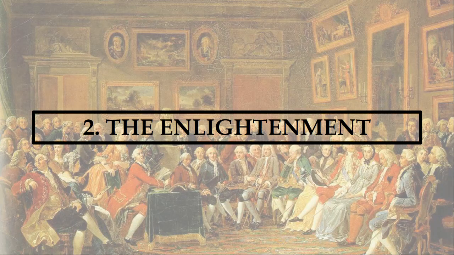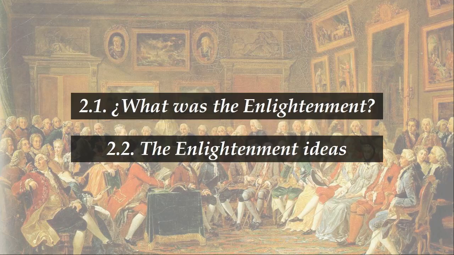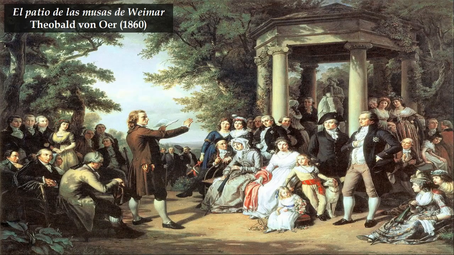The Enlightenment, or la Ilustración, was an intellectual movement in the 18th century which proposed a new idea of organizing society. They had a lot of new ideas, but we can summarize them in three main proposals. The first one is reason, or logical thought, being the only way to understand the world and to achieve the truth.